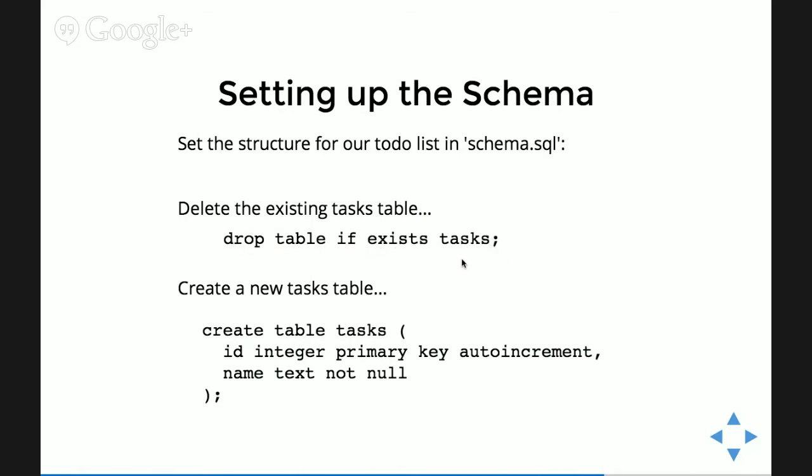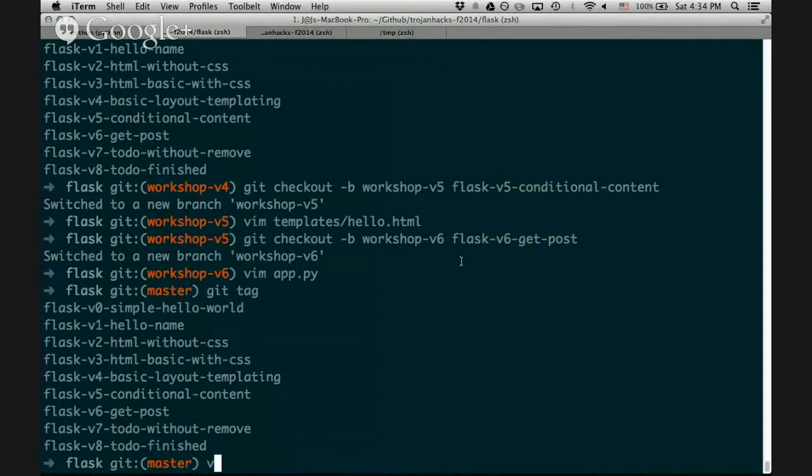That says that if there's existing information, because you only want to run the schema when you're starting your application from scratch, you're clearing out old information. So that drops all the information in that table if that table has been created before and starts it from scratch. So this will look like this in a file called schema.sql.